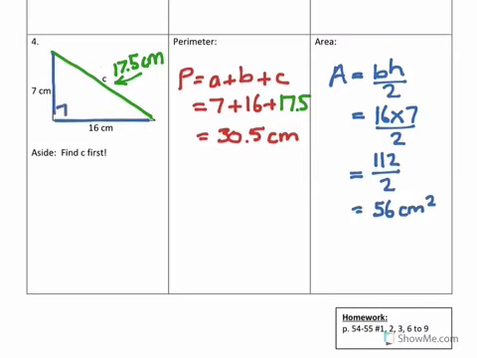So 16 times 7 divided by 2, because that's part of the formula too. So 16 times 7 gives us 112, and then we're going to divide by 2 and we get an answer of 56 centimeters squared. Okay, so that is our lesson on both area and perimeter. And I'd like for you to tackle the textbook homework right there.